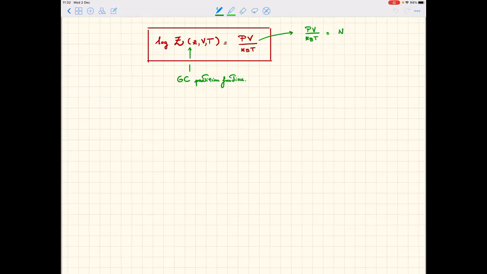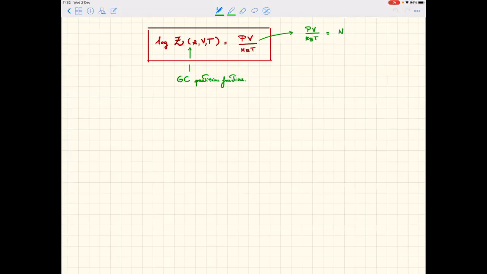In other words, the connection between the macroscopic world and the microscopic world in the microcanonical ensemble was happening at the level of the entropy. So the log of the total number of states was equal to the entropy, the Boltzmann formula.